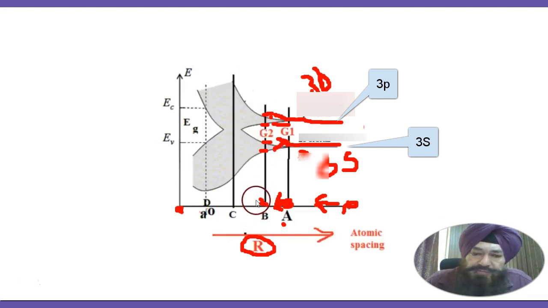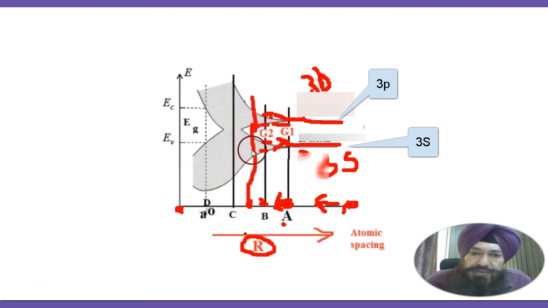When you come still more closer, like that at here, what happened? Now there is more broadening of 3p and 3s.